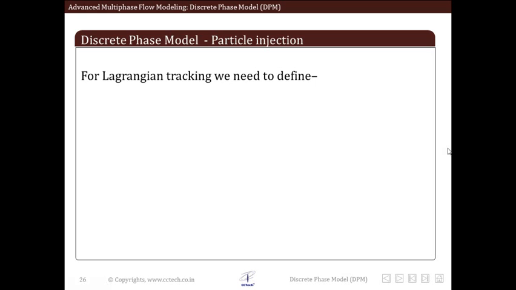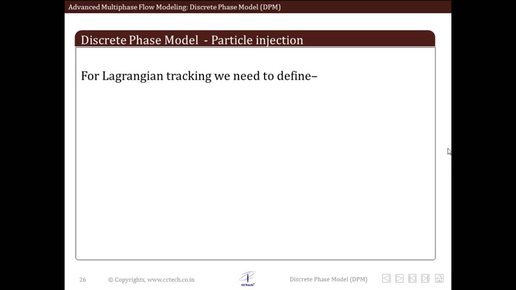Now let us discuss particle injections, what they mean, and what we have to do in order to define a particle injection. Whenever we use the discrete phase model within this commercial software Fluent, the discrete phase is in the form of particles which are tracked by the Lagrangian method. The particles of the discrete phase should enter our domain of calculations from somewhere.